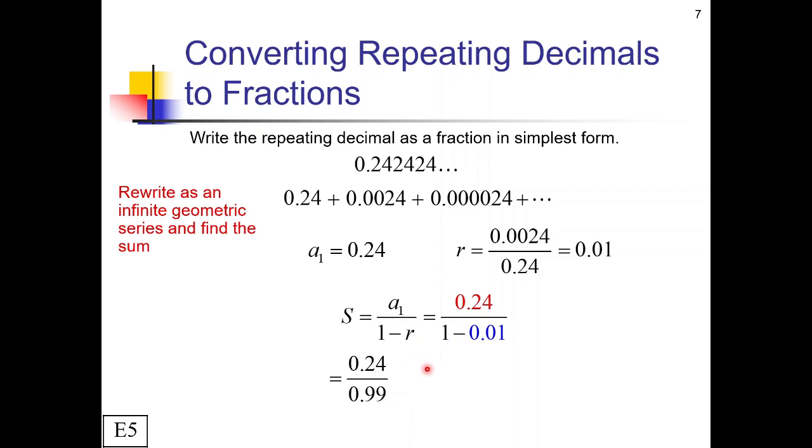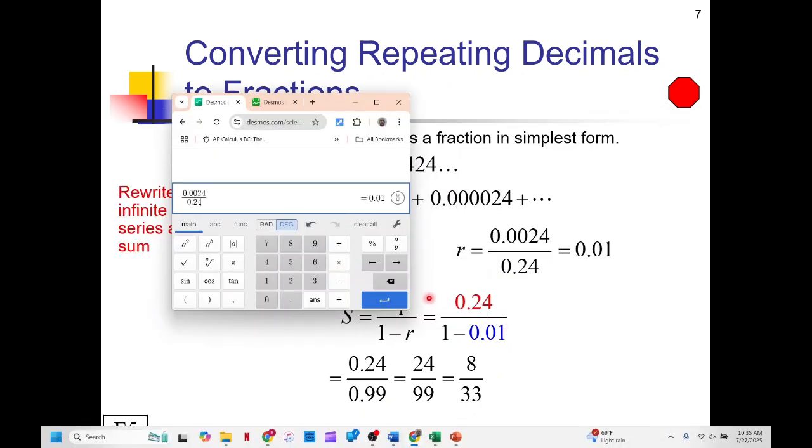So this is really 24 over 99, and I can reduce this. These are both divisible by 3, so that would be 8 over 33. And if we go on the calculator just to verify, 8 divided by 33, there it is, 0.242424, all the 24s.